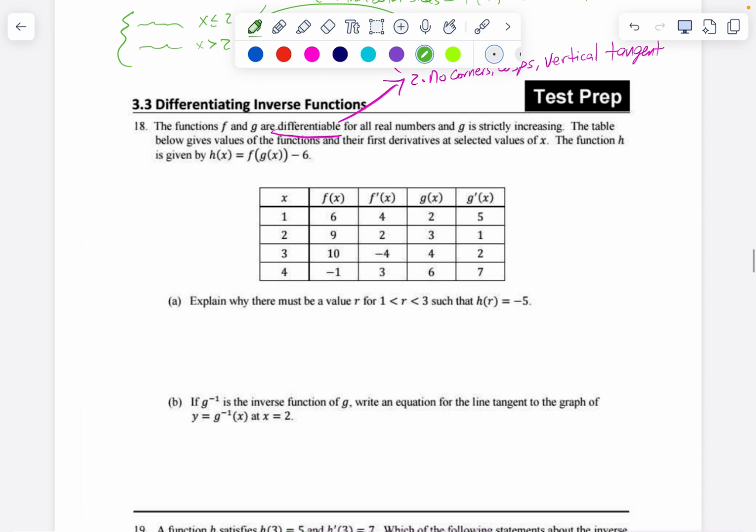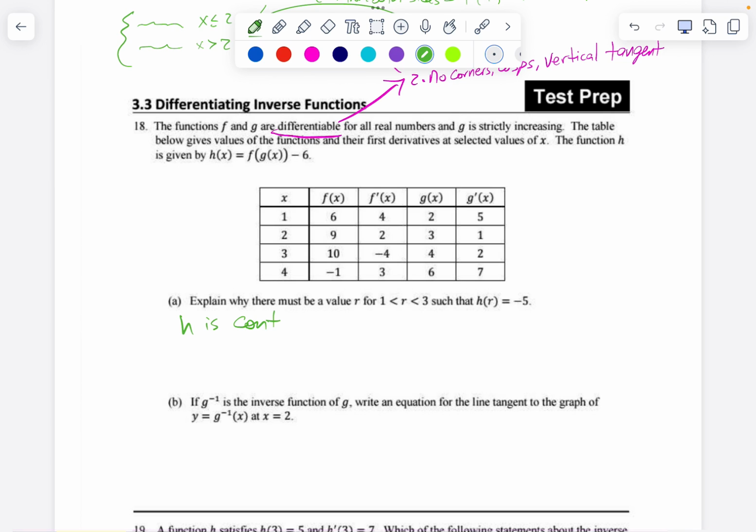Anyway, so the table below gives values of the functions and their first derivatives, and h is f of g of x minus 6. So first, why must there be a value r between 1 and 3 such that h of r equals negative 5? Well, what do we know for sure since we just said the thing said differentiable? All right, so h is continuous.